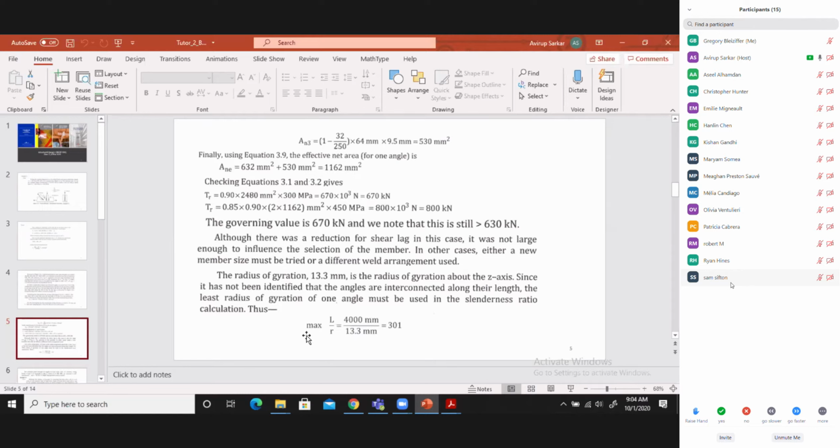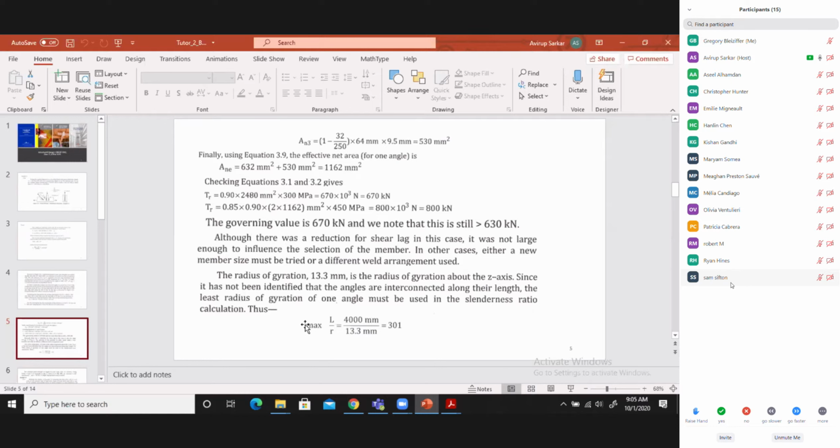Now finally we need to check for the L by R ratio. As I mentioned, the maximum L by R needs to be calculated. A particular steel section has a radius of gyration about all the axes, about the horizontal axis and also the vertical axis, and also about the inclined axis.